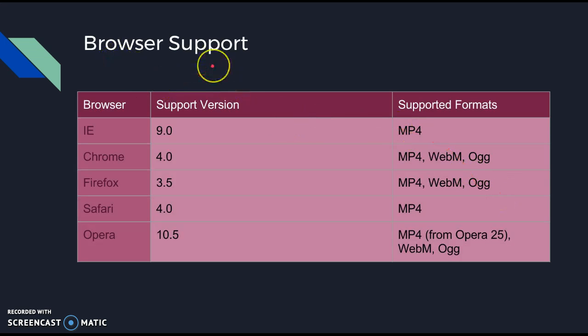On to browser support. So on the left here we have our browsers. You have Internet Explorer, Chrome, Firefox, Safari, and Opera. This is their supported versions where they started supporting the video tag. And then on the right here, you have the supported formats for each browser. You can see that Safari and Internet Explorer both don't really support that many.